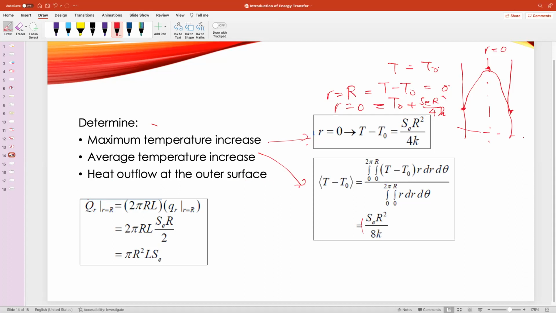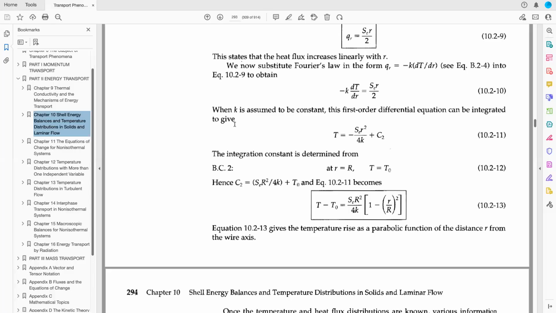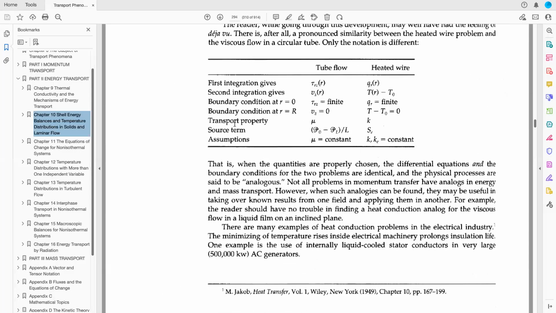So the Q would be the Q at R equal to the surface multiplied by the area. It is similar to the shear force on the momentum. Maybe to sum up, I can open the book again.